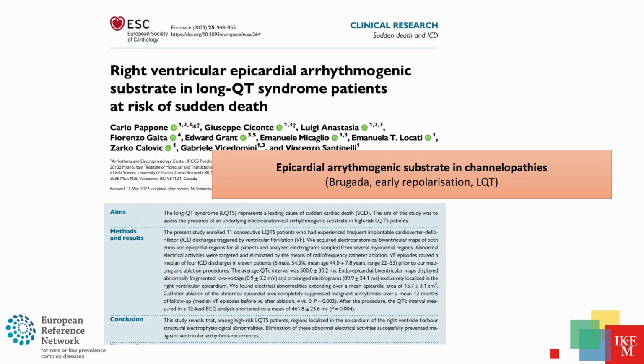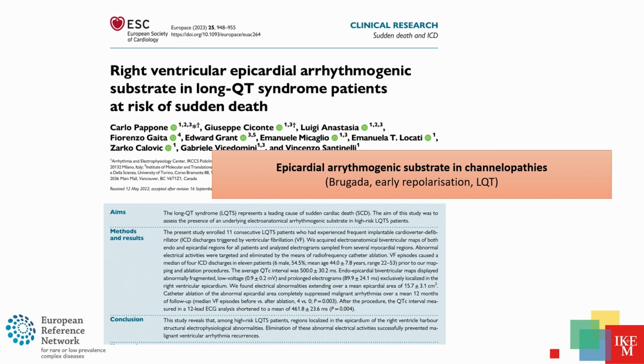What, as a cardiogeneticist, I was recently really fascinated by is the work published by Carlo Pappone and co-workers about successful epicardial ablation in symptomatic patients with long QT, where he could successfully ablate epicardial tissue.